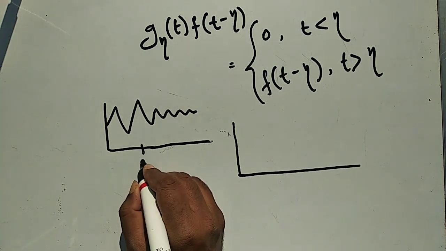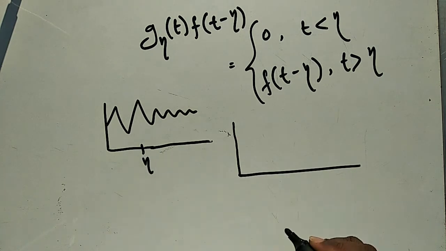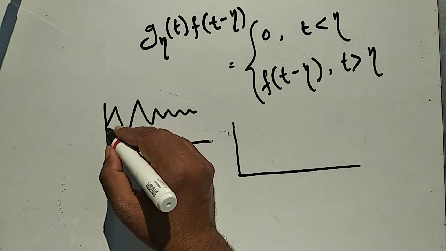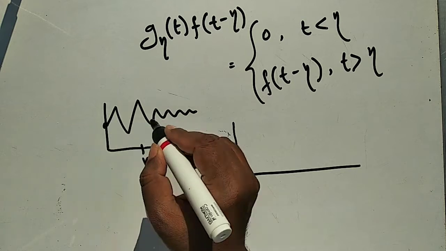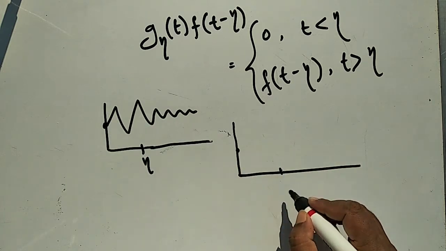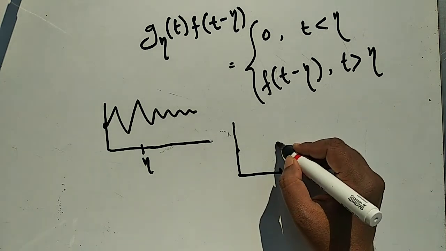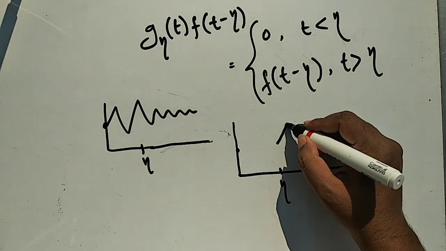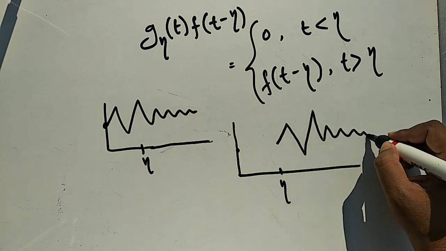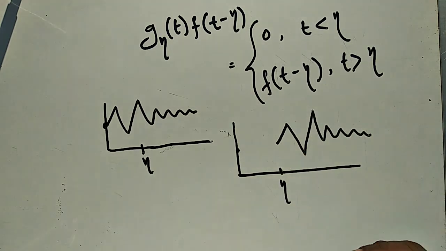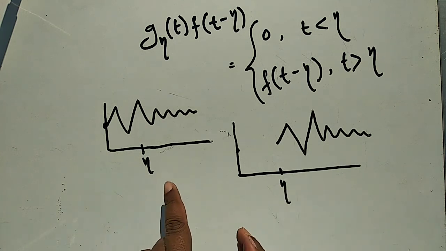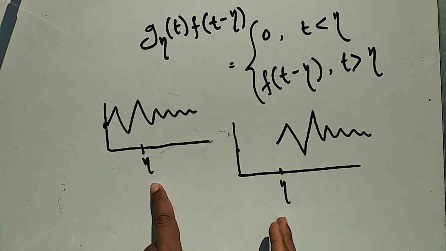This is my eta, translating the function. So at eta the value is at this point, so same height at this point, but this is at eta. So from here, same graph, just its position is translated from 0 to eta.